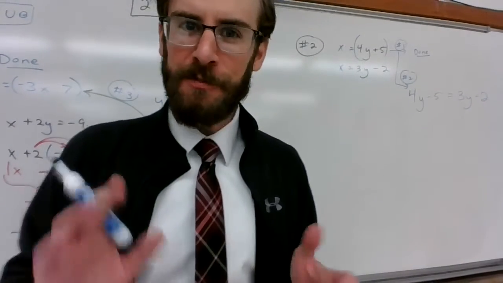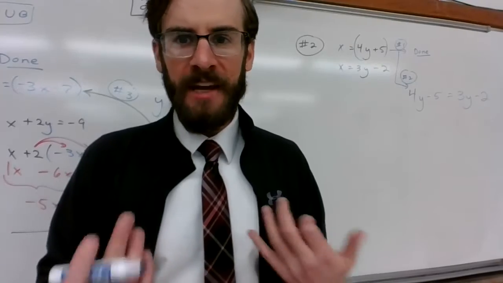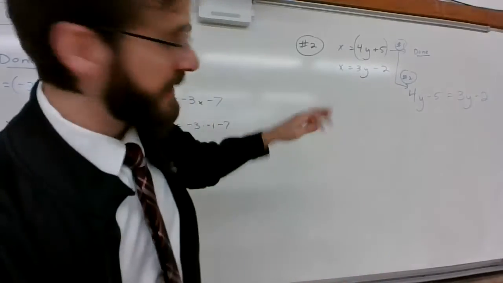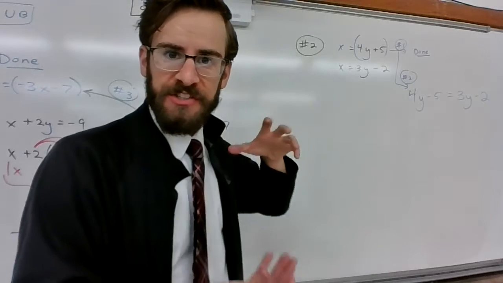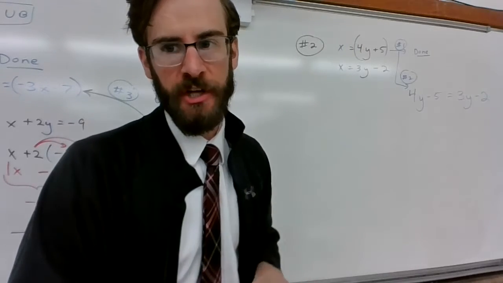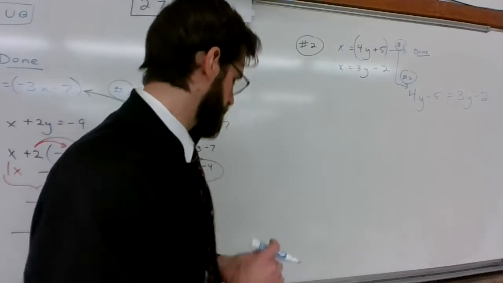So sorry, my explanation there was kind of muddy. Basically, when they both equal a variable, and it's got to be the same variable, they both equal x's, then you can set the right-hand sides equal to each other. And then I can solve for y.